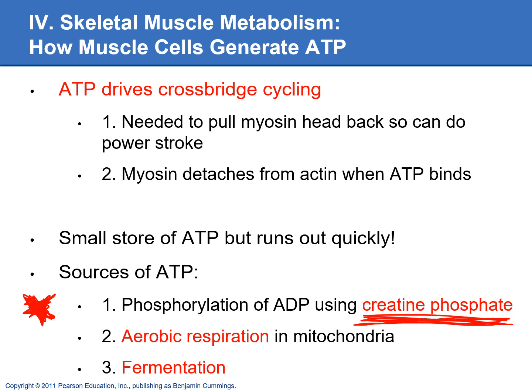And then if we have light to moderate exercise and we can get enough blood and oxygen to the muscles, we can use the mitochondria and do aerobic respiration. And then if we're doing intense exercise like weightlifting or sprinting and we can't get enough blood and oxygen to the muscles, we can't use the mitochondria, then we have to do fermentation.